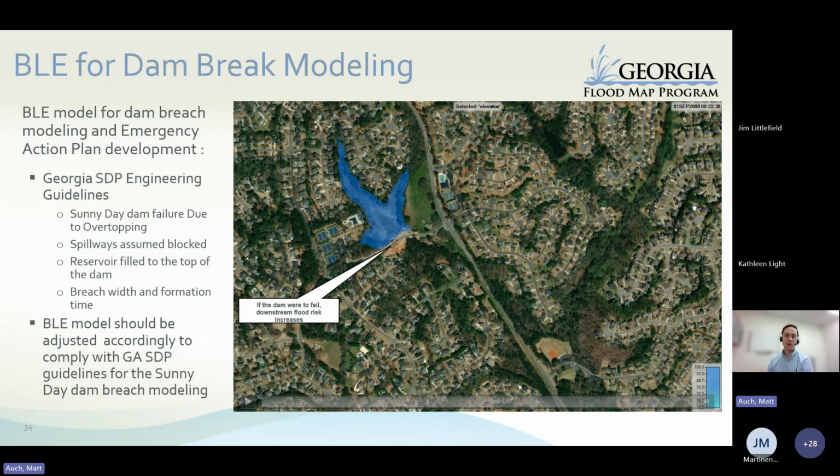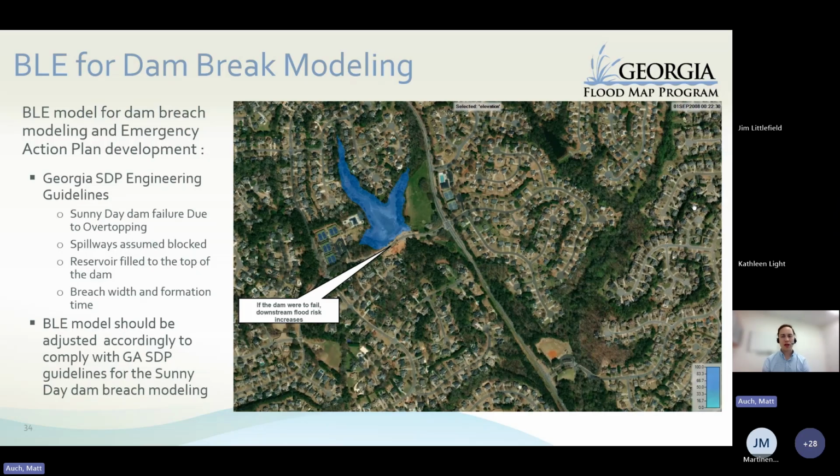Now, to be clear, there weren't any dam breach scenarios that were run in these BLE models, and the inundation zones aren't shown within the viewer. But what you can do is download that 2D hydraulic model where it's available, and then use that as a base for building the dam breach model. So that 2D model includes the base LiDAR terrain, the 2D mesh with the break lines, Manning's N values.